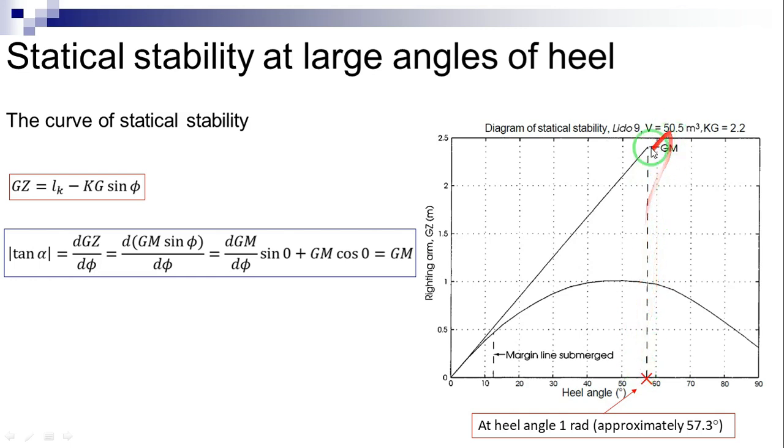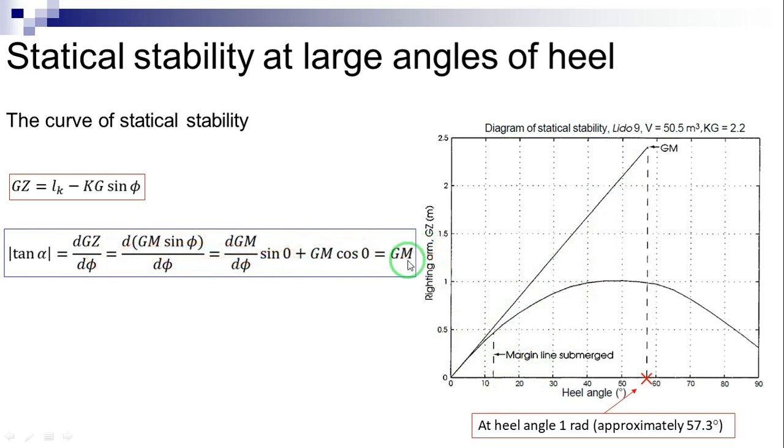Draw a line from the origin of coordinates to the end of the measured segment. This line is tangent to the GZ curve. From the triangle formed by the heel angle axis, the vertical at 1 radian, and the tangent in origin, we find the slope of the line as above. It is equal to GM.